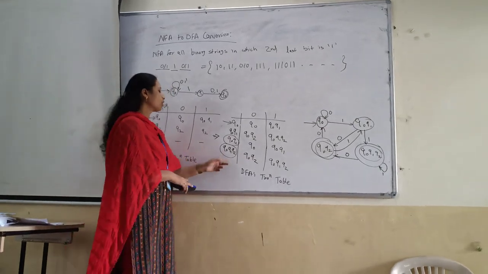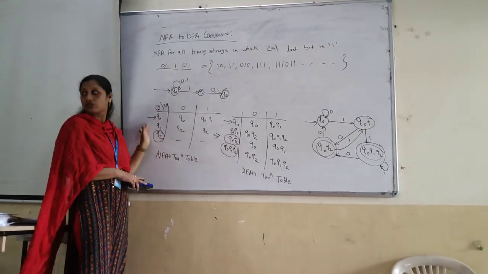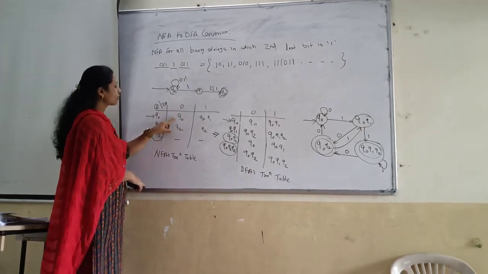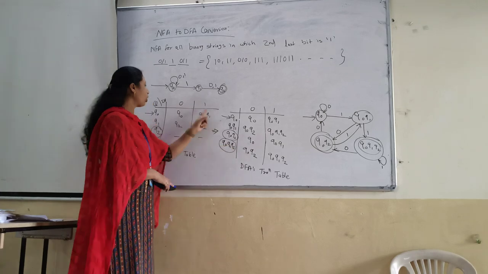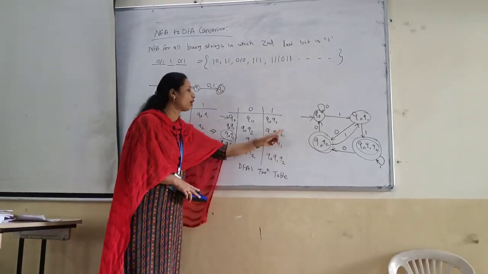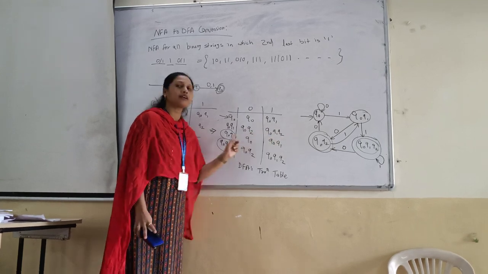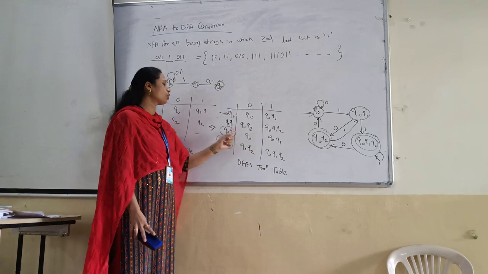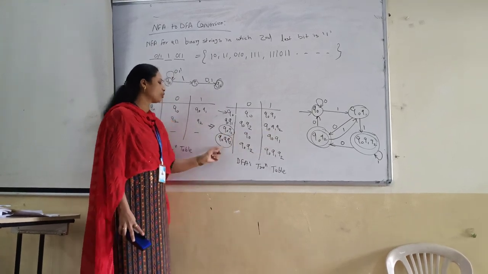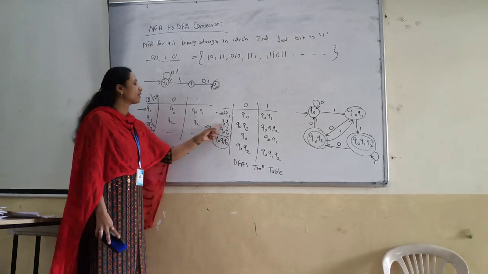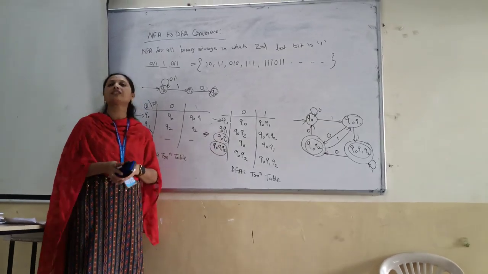Afterwards, you check Q0, Q1, Q2. Three states, you check all three. Q0, Q1, Q2 on 0 gives Q0, Q2. On 1, it gives Q0, Q1, Q2. Now check whether all these states are here or not. Q0 is there, Q0, Q1 is there, Q0, Q2 is there, Q0, Q1, Q2 is there. All states we have here, and we consider each as a whole state.